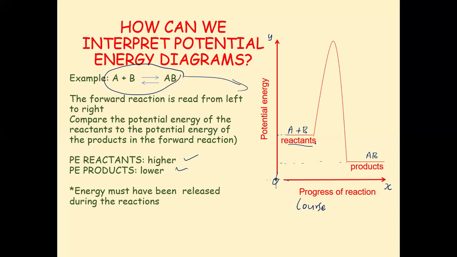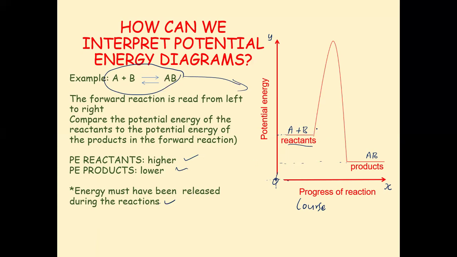Guys, this statement is very important because when we solve the question papers, they're going to ask you to choose higher or lower than, and then give a reason. Why do you say that? This is the reason that you're going to give: because the energy has been released during the chemical reaction.